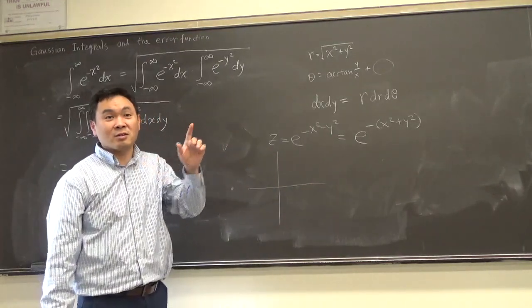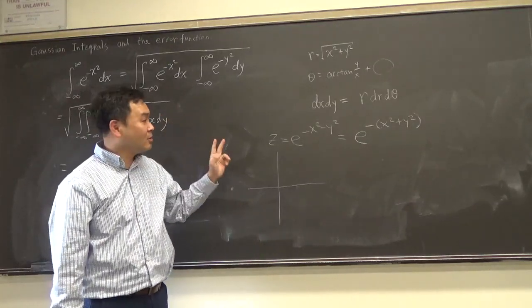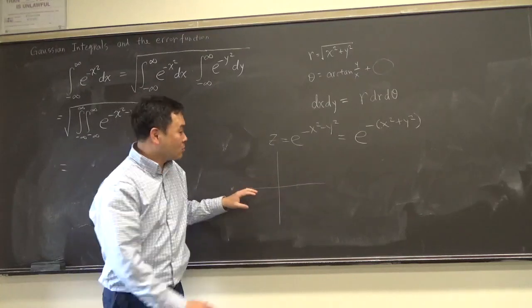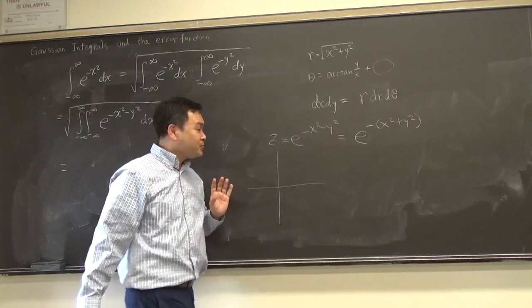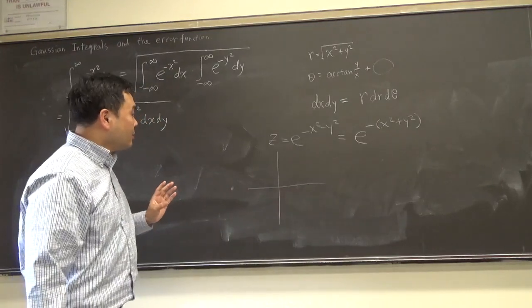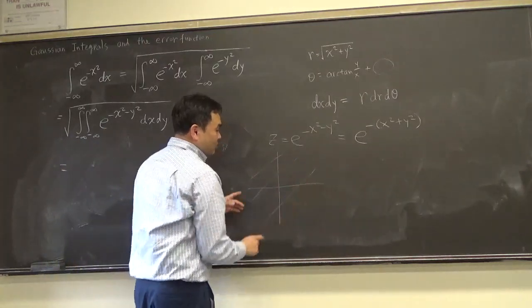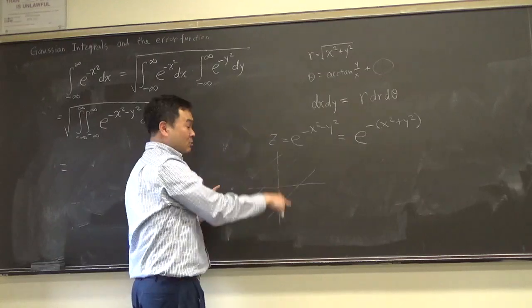See, in 2D, if you have a double integral of a surface, the double integral has the meaning of the volume under the surface, right? So we're trying to find the volume under this surface. That's what we're trying to do, okay? And you can rewrite that domain because we're letting x go from negative infinity to infinity and y from negative infinity to infinity.